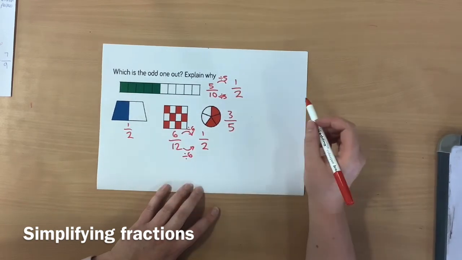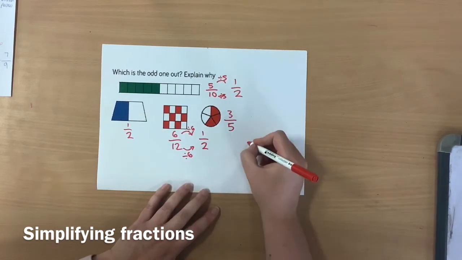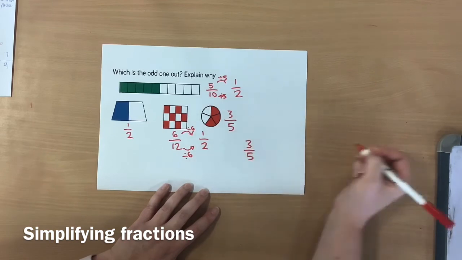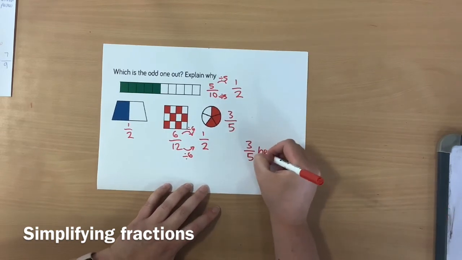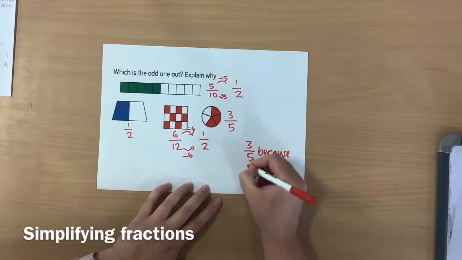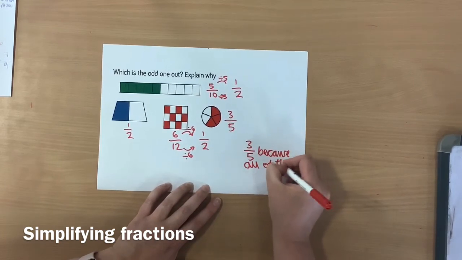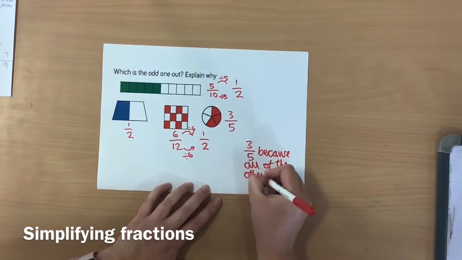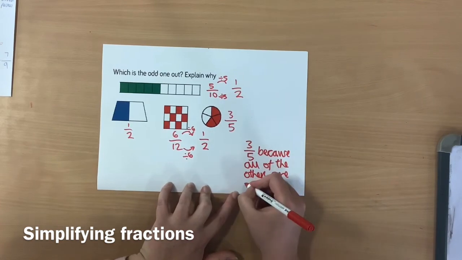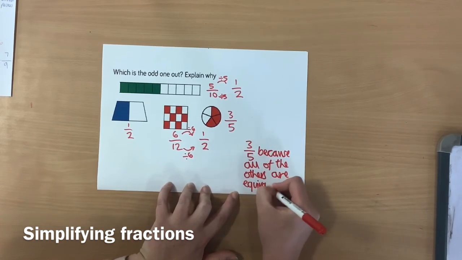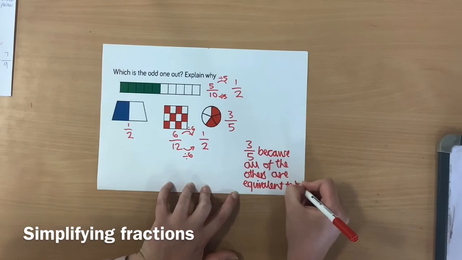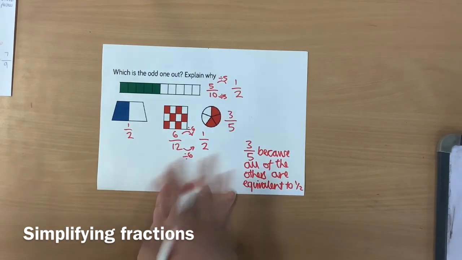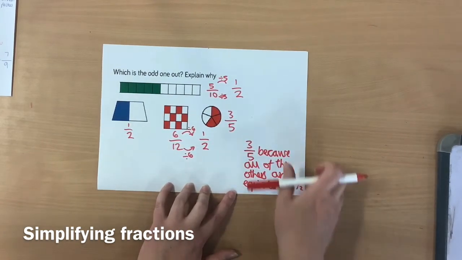So which is the odd one out? Explain why. 3/5 is the odd one out because all of the others are equivalent to a half. So I've explained that by using some reasoning there.